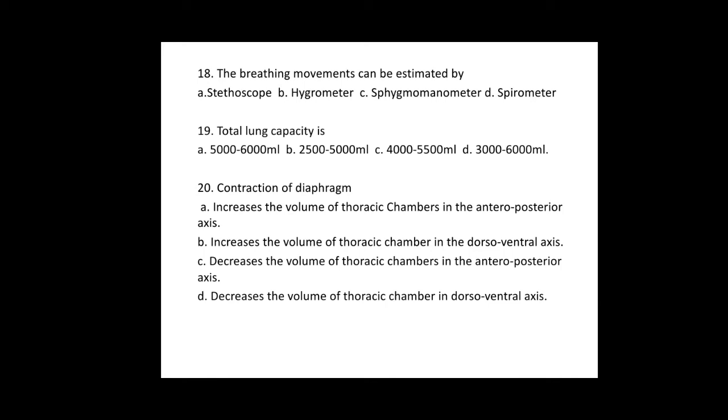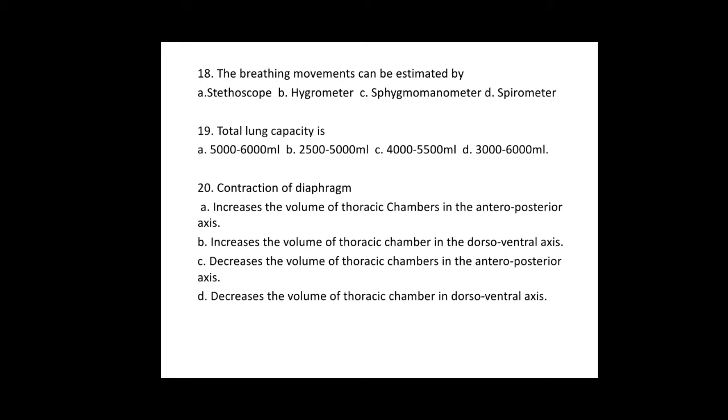20th, contraction of diaphragm. So contraction of diaphragm, option A, increases the volume of thoracic chamber in antero-posterior axis. Option B, increases the volume of thoracic chamber in dorsoventral axis. Option C, decreases the volume of thoracic chamber in antero-posterior axis.